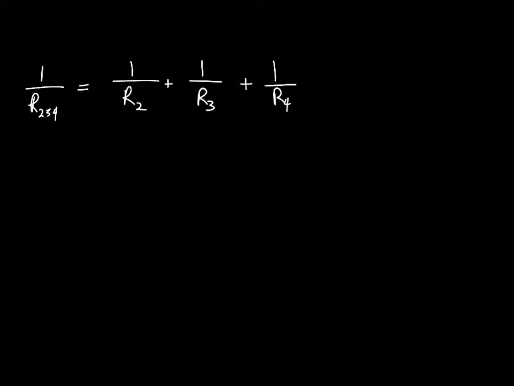Which means, in order to solve this, I need a common denominator, which means I need to multiply this one by R3 and R4 top and bottom, this one by R2 and R4 top and bottom, and this one by R2, R3 top and bottom.